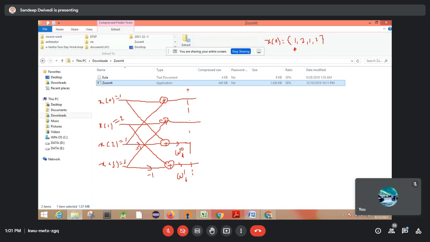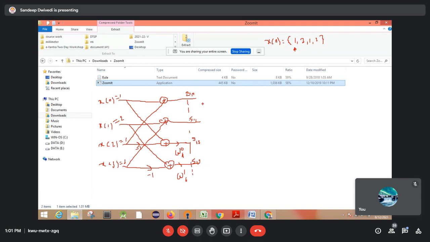So here you can mark this as stage 1 0, this will be stage 1 1, stage 1 2, and then stage 1 3, like this.